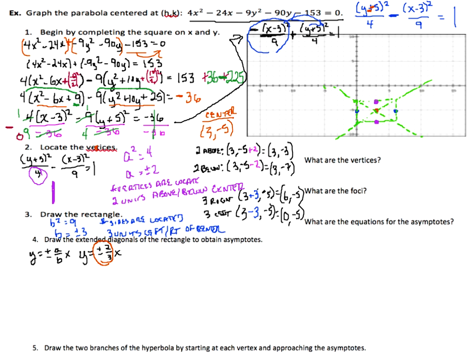So one point that I know this line goes through is the center, and that's 3, -5. So I can use the point slope form for the equation of a line, which is y minus y1 equals m times x minus x1, to write the equations of the asymptotes.